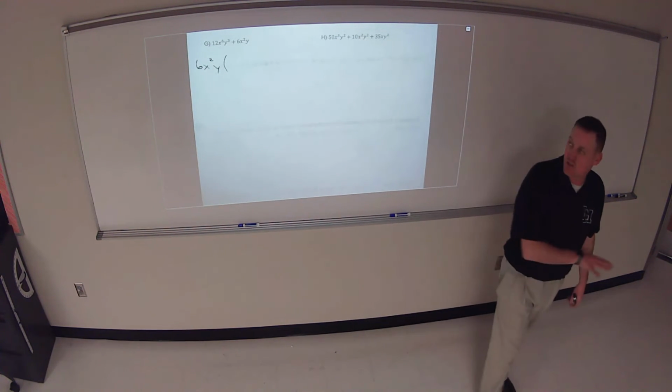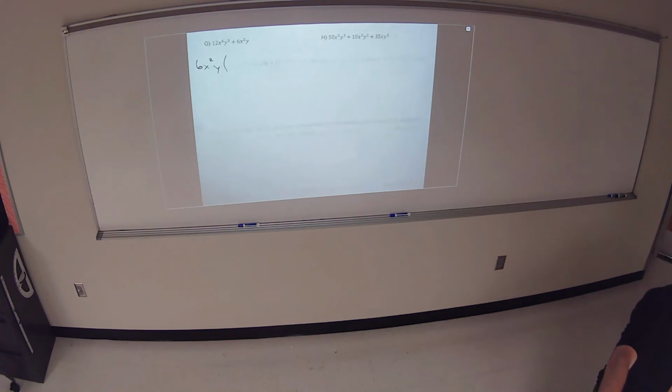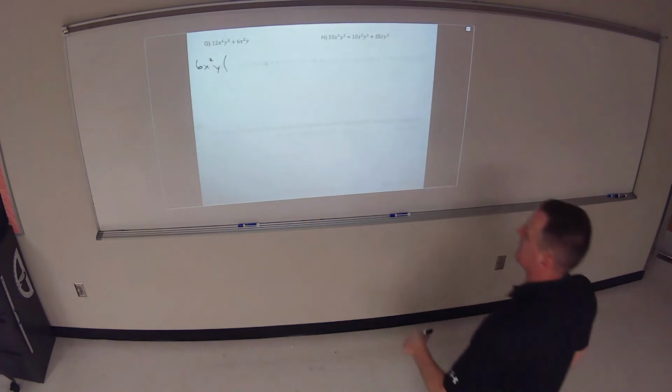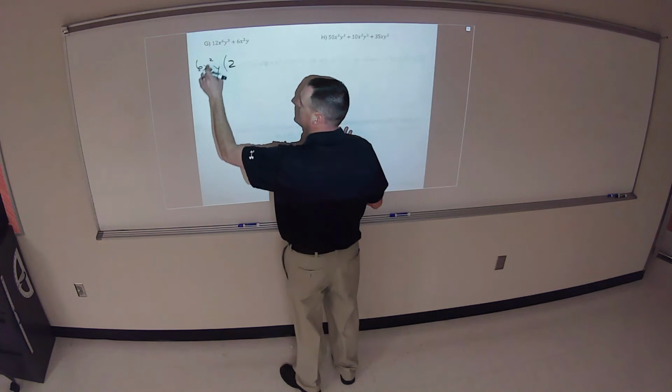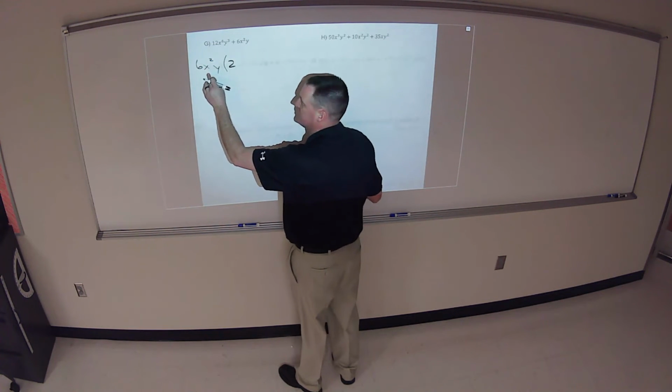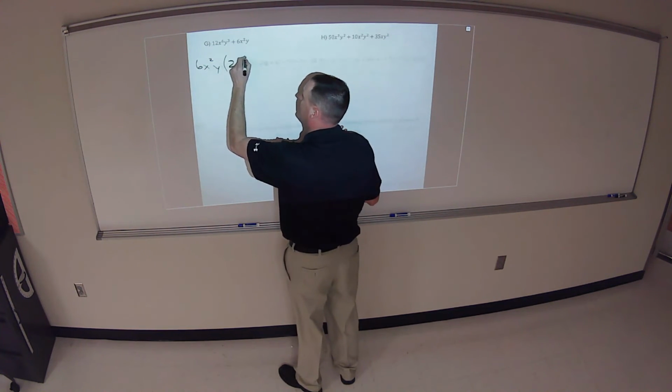So out of every term, we're pulling out a factor of 6, we're pulling out 2 x's, and we're pulling out 1 y. So, what's 12 divided by 6? 2. If we had 6 x's and we pulled 2 out, that leaves us with x to the 4th.